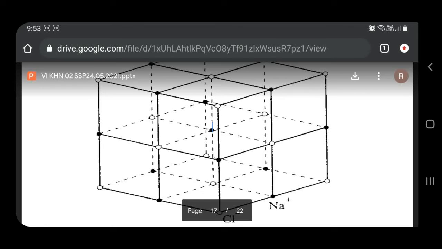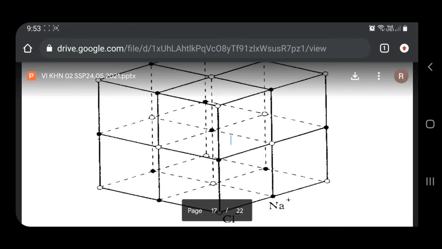You see, if I take this as 1, this as 2, this as 3, this as 4, this is shared among the 4 unit cells at the bottom, and at the top again 4 unit cells are there. This is number 5, number 6, number 7, and this is number 8. So each atom, each lattice point of a unit cell is shared among adjacent unit cells.